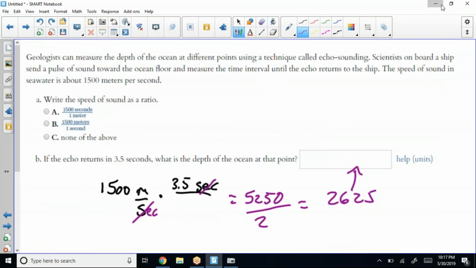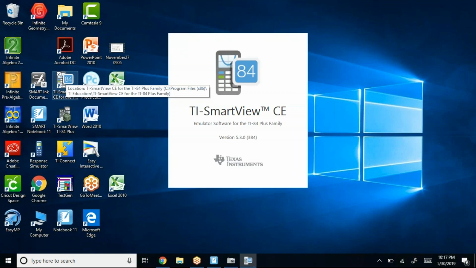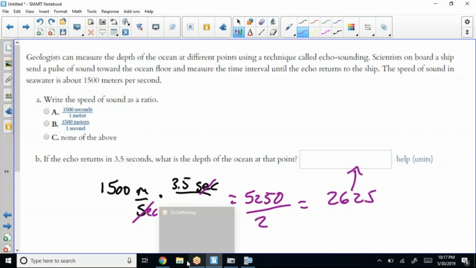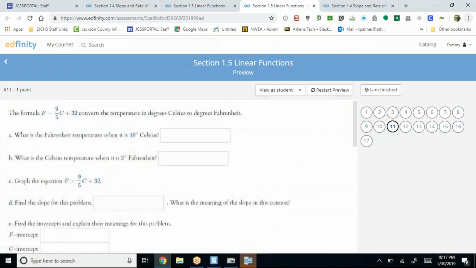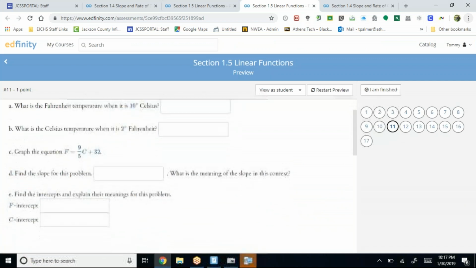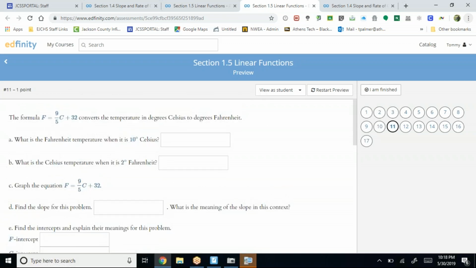What is the Celsius temperature when it's 8 degrees Fahrenheit? Okay. So let me go back to there. I don't see that. What is the Fahrenheit when it's 10 degrees Celsius? Oh, so they're giving you input and output right here. Okay. So is that what's getting you? How to solve for those?